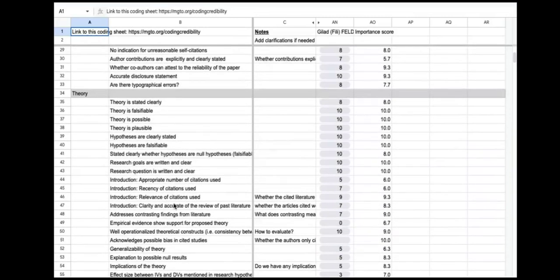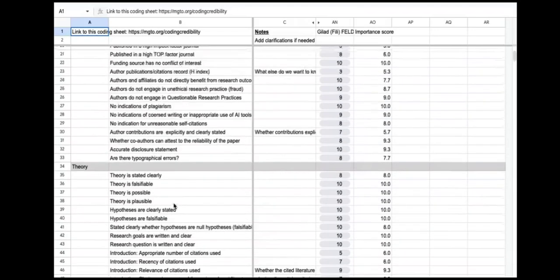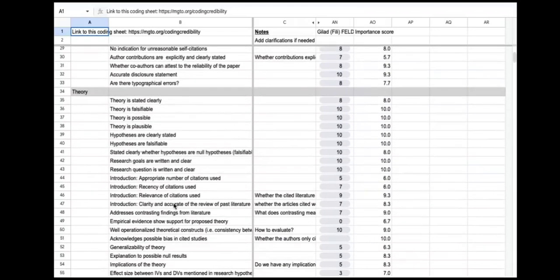For example, when we are thinking about the theory of a particular paper, we want to make sure that it's falsifiable, which means it can be tested. As you know, in psychology and many other social sciences or sciences, if a theory is not falsifiable, then your findings can't really be evaluated with regard to that theory.